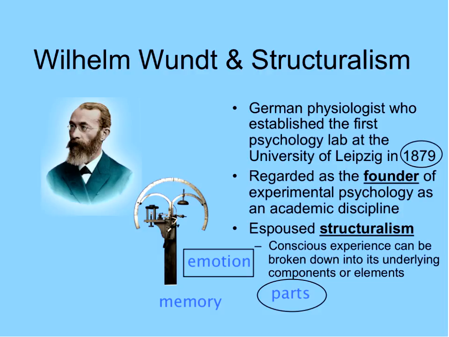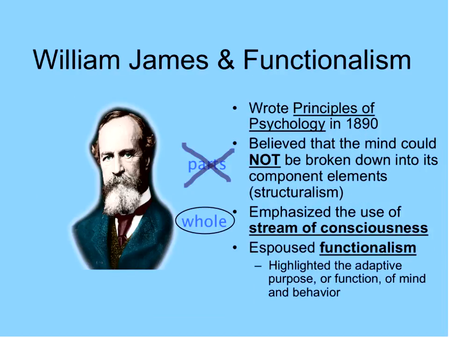Or let's look at something like memory and the underlying parts that give rise to memory. In fact, let's run with the memory example for a second. What part of your brain, what structure, is responsible for memory? Over here, the functionalists would say, don't worry about the parts and don't worry about breaking things down. Let's look at memory and ask, what is the adaptive purpose or function of memory? What is it good for in an evolutionary sense?